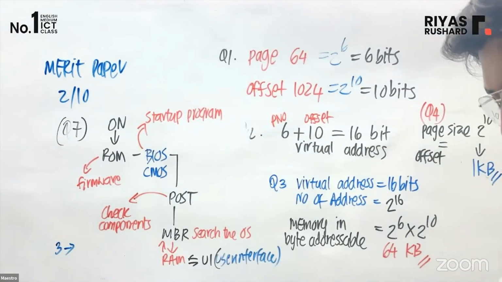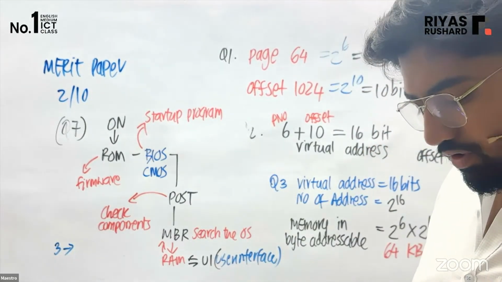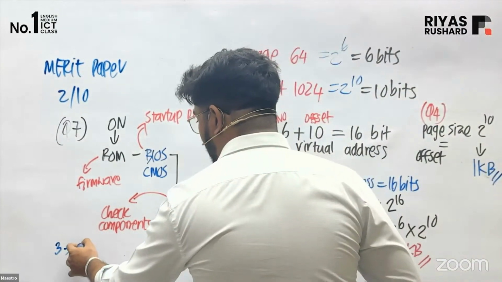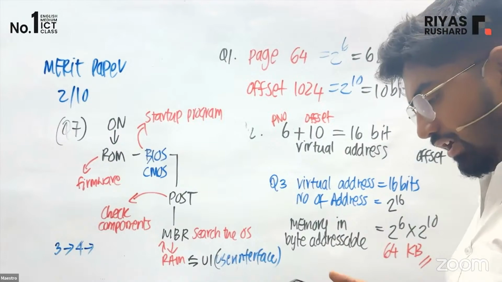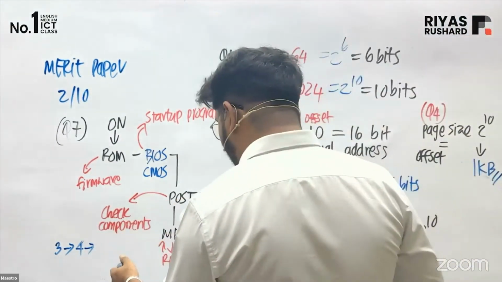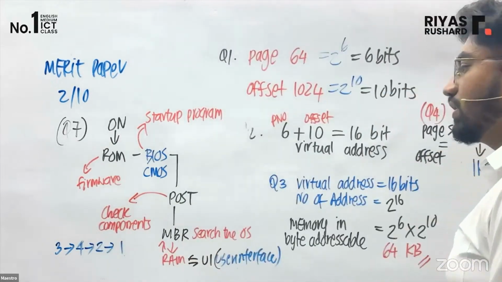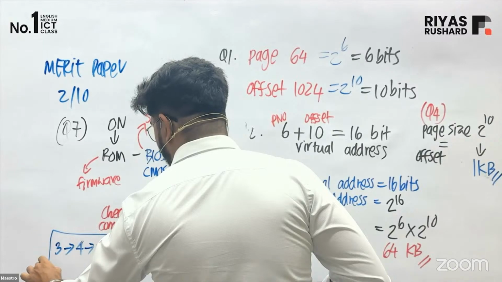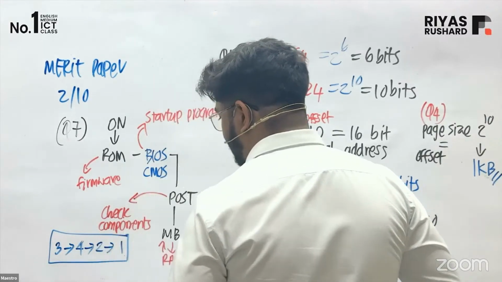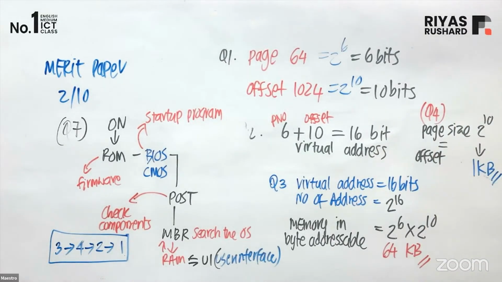Once you turn on the computer, BIOS runs the POST test. BIOS checks the settings in the CMOS memory. That's number 4. All things happen together. And then the bootstrap loader locates the kernel and loads it into main memory. That's 2 and 1. 4, 3, 2, 1. Good to go. Nice.